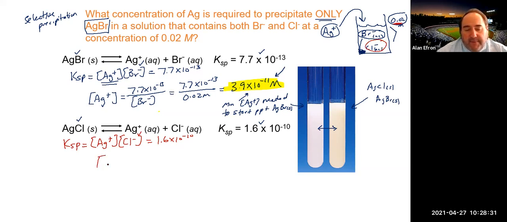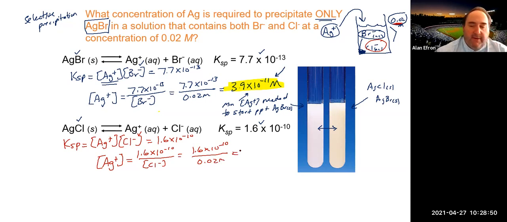That means just like above, we can rearrange and solve for silver. Giving us 1.6 times 10 to the minus 10 divided by our 0.02 molar, which is our chloride concentration here. And we hit a number of, we'll call it 8 times 10 to the minus 9. That's a lot of zeros.